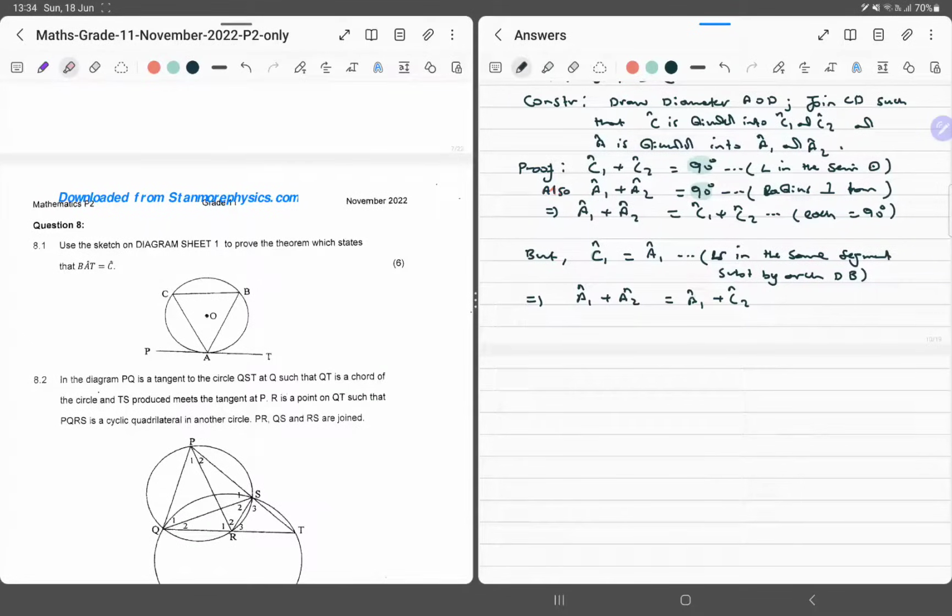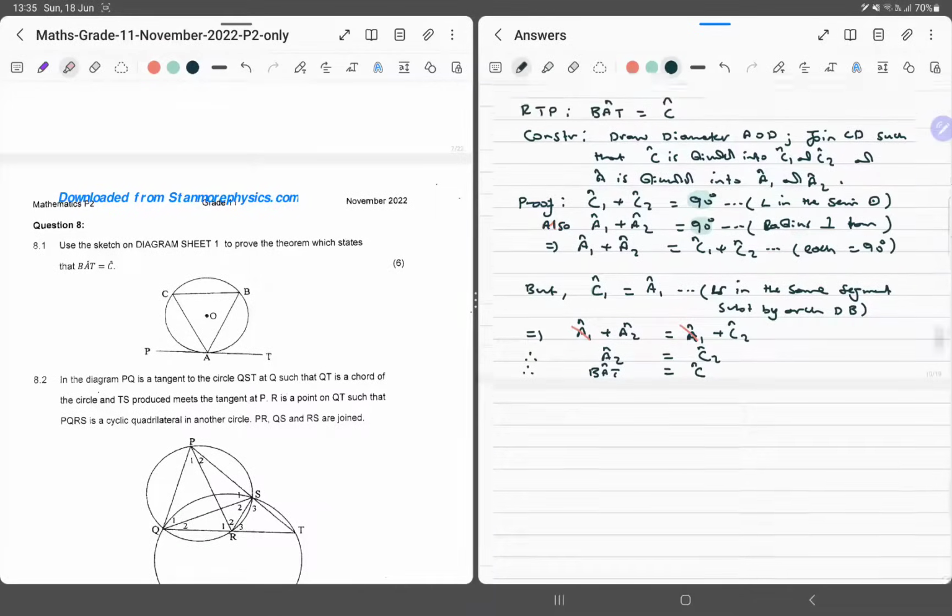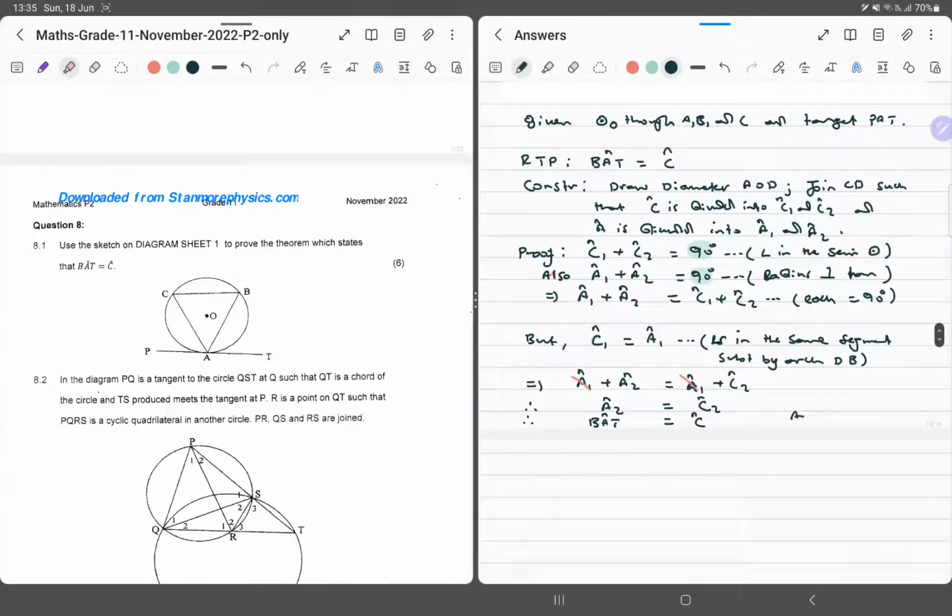We're already substituting so that we can make our conclusion and say, therefore, A2 is equal to C2. We make that conclusion that they asked you. Therefore, BAT, because BAT was A2, is equal to C. That's it. Because that C2 was a C in the original. That's the answer. Okay, easy. Very nice and straightforward.